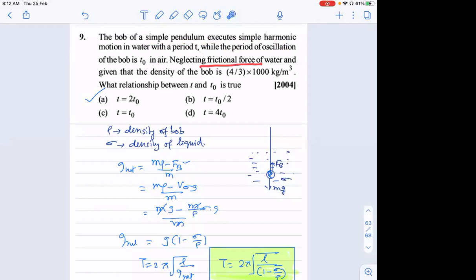Neglecting the friction force of water, friction force means viscosity, and given the density of the bob is this much, what is the relation between both?